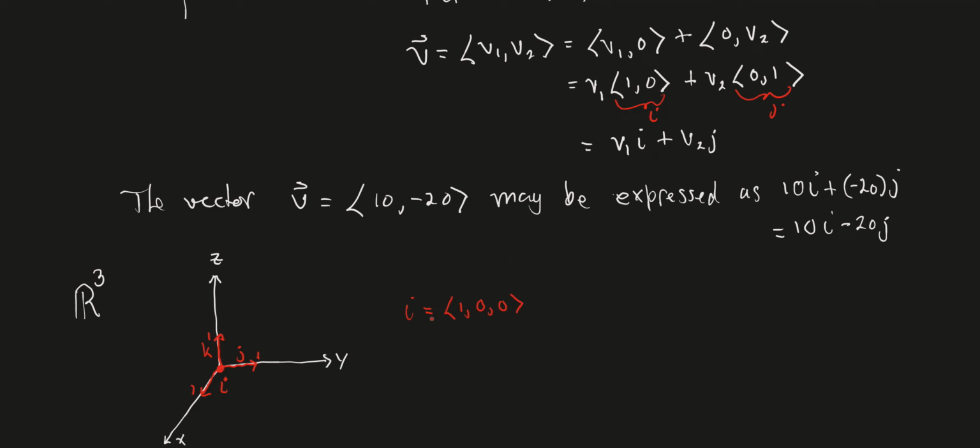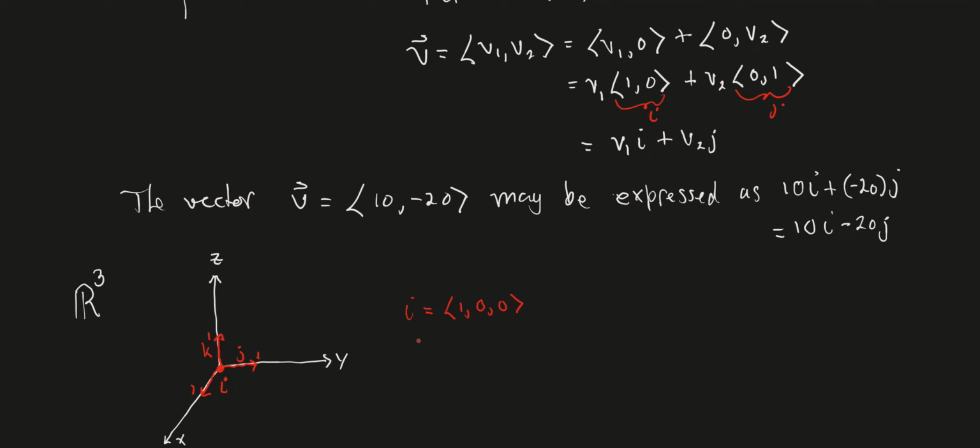And remember that this is consistent with what we stated earlier about properties of points in R3, that when the y and z are both equal to 0, then the point has to be along the x-axis. And in this case, the vector lies entirely along the x-axis.